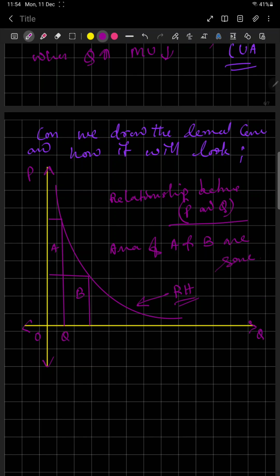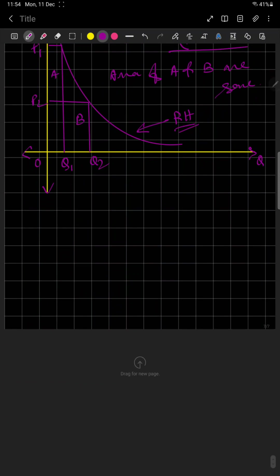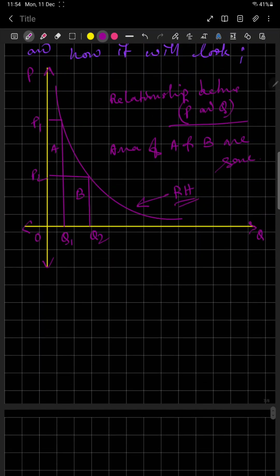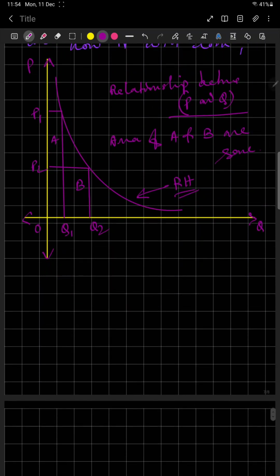So this is Q1, this is Q2, this is P1, this is P2. So the expenditure from both, P1 Q1 is equal to P2 Q2. So the multiplication of the expenditure will always be the same.